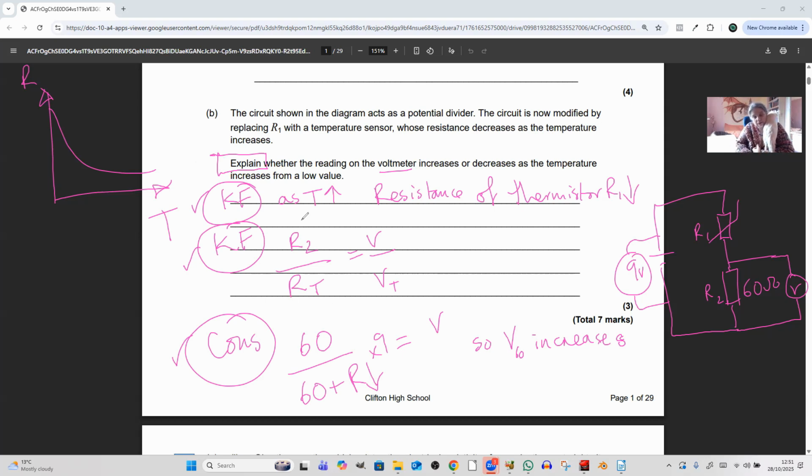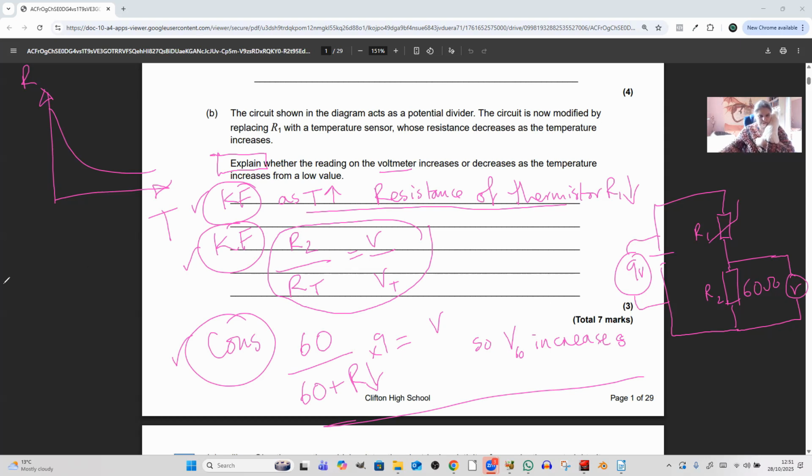I mean, it's not always a thermistor. Sometimes it's a light dependent resistor, and the resistance changes with the amount of light. But basically it's still your potential divider equation, and then a conclusion from your potential divider equation. Okay, hopefully this all makes sense.